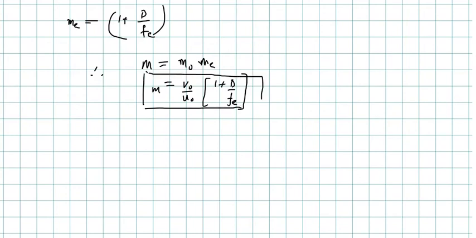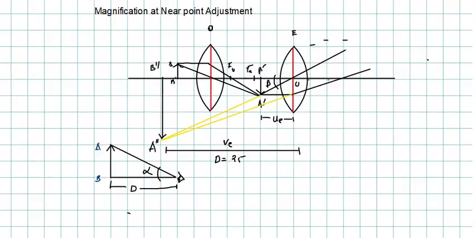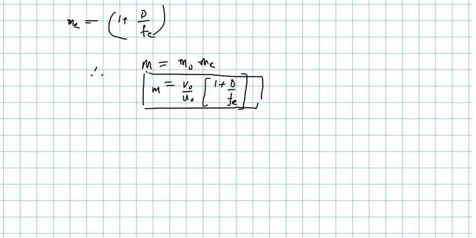Now you notice one thing here, let's go to the diagram. You see generally, so this is UO, and somewhere here will be FO, clear, and this is the length of the tube. Now I told you earlier that FO, the focal length of the objective, is very small. So that means we can make some approximation like this.